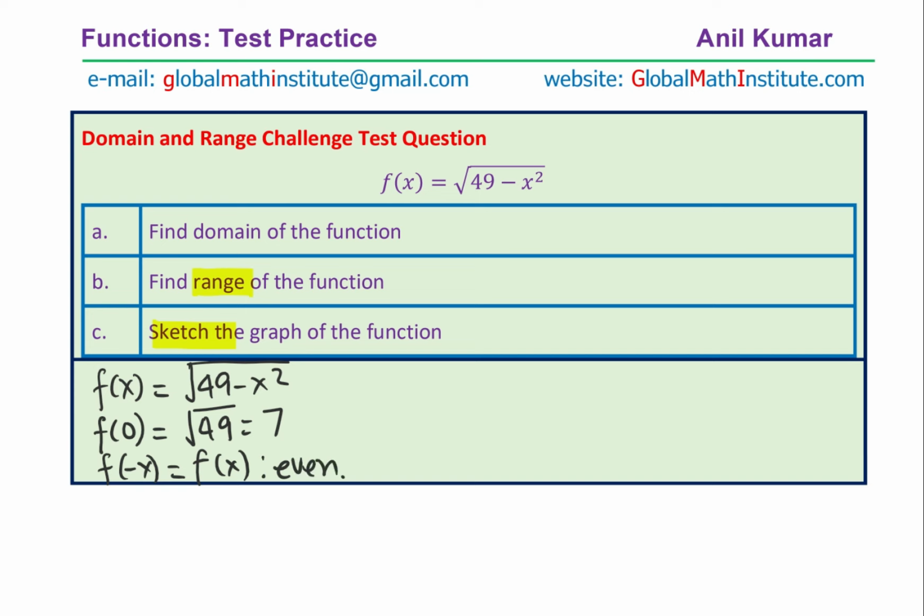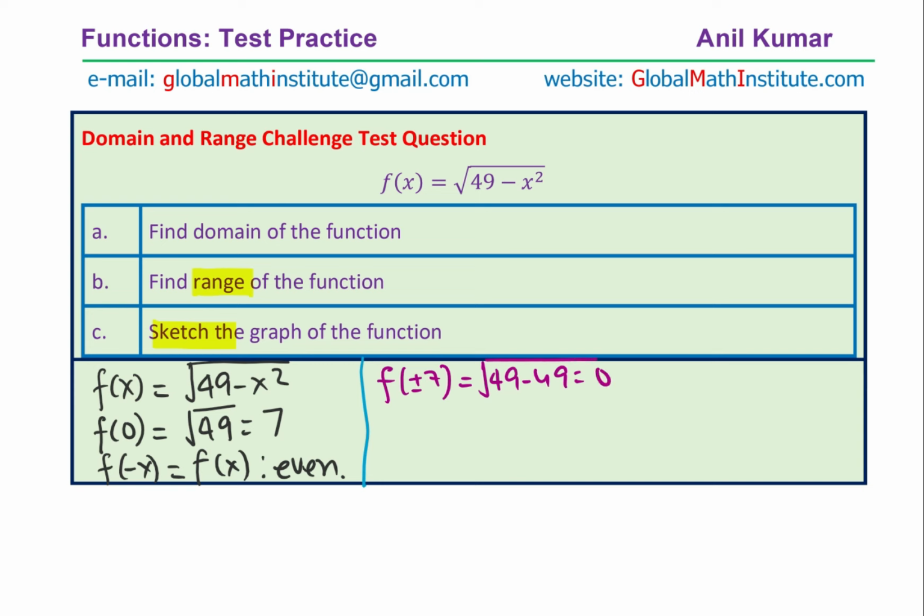This is also another characteristic which you read about this function. Correct. We have also seen that the zeros of this function will be at plus and minus 7 because that was the domain, right? So if you have f of plus or minus 7, we get square root of 49 minus 49, which is 0.